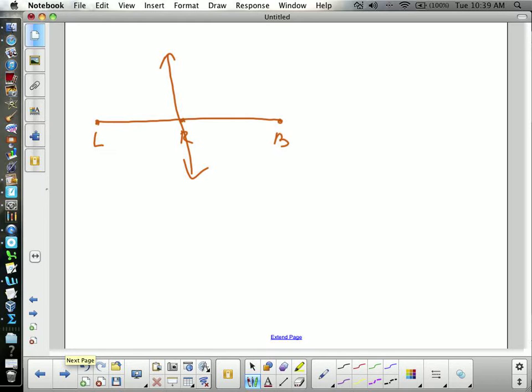Through the middle. The midpoint splits it evenly into two pieces. LR is 9.3, so we label that. What are we looking for? We're looking for LM. I'm sorry, this is supposed to be M. Okay. So 9.3, this also has to be 9.3. That's 18.6. All right.